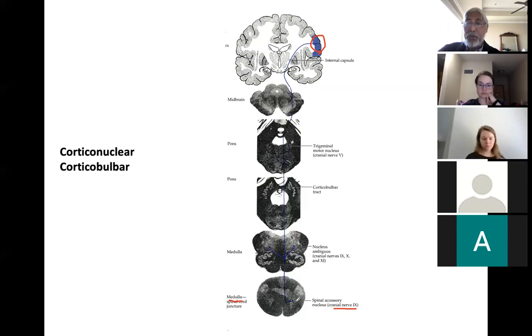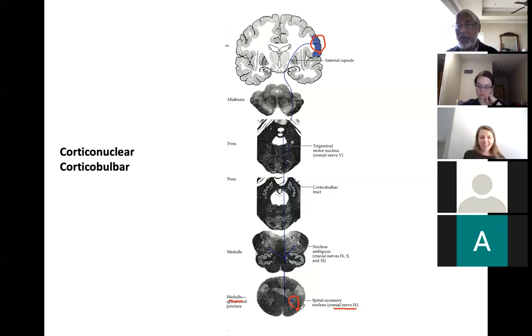So they end in the glossopharyngeal nerve nucleus, which means we call them corticonuclear. This one is particularly the 9th nerve nucleus, but we don't want to specify them. We say any cranial nerve nucleus. So from cortex to cranial nerve nucleus, we call it corticonuclear. From cortex to spinal cord, corticospinal, right?